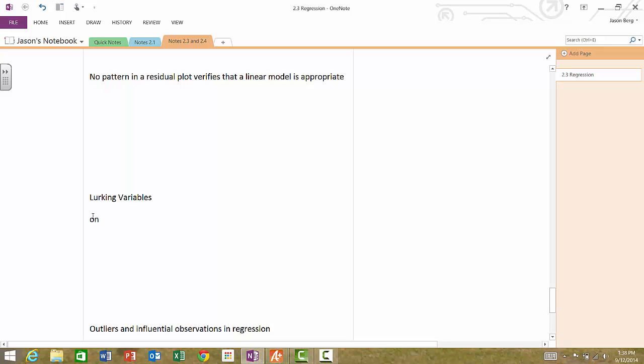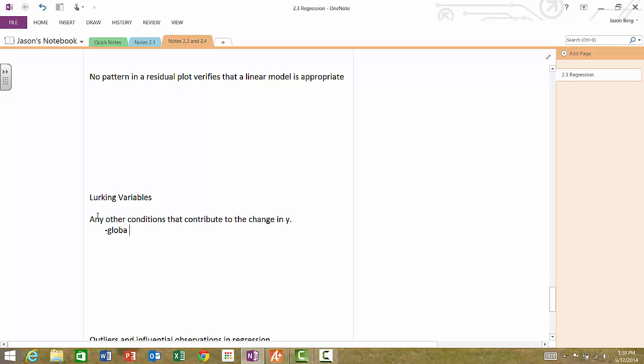So lurking variables are any other conditions that can contribute to change in Y. In this case, maybe other things were global warming, maybe predators, we'll say sharks, maybe disease.